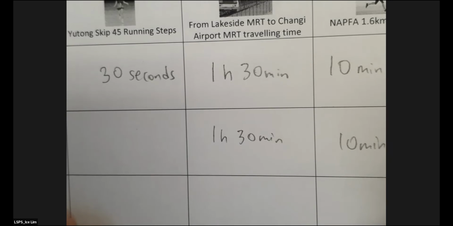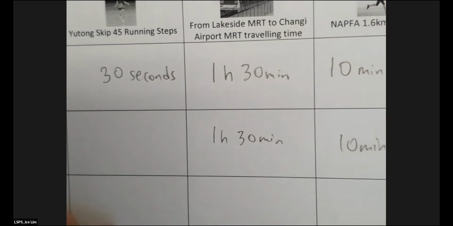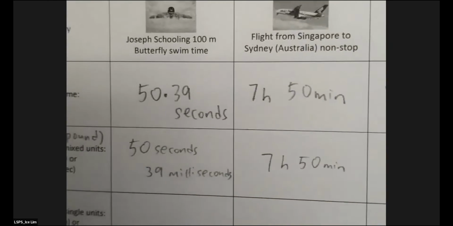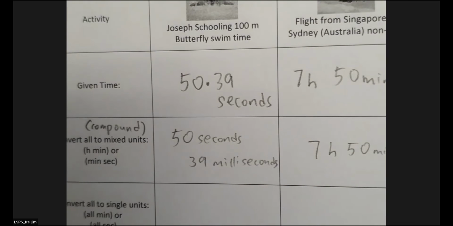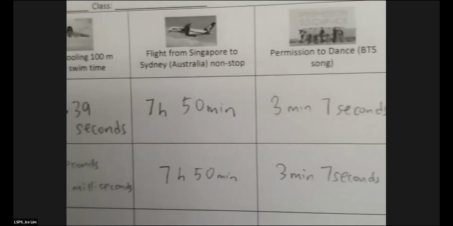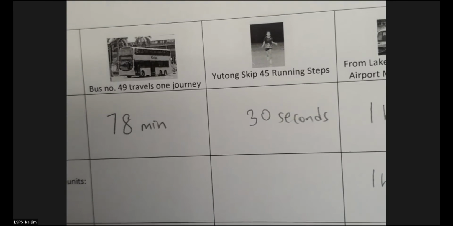So these are all mixed units already, right? That means you see more than one, so 2, 3, 4 different units used in the same description. Already in mixed units, right? Except for these two.